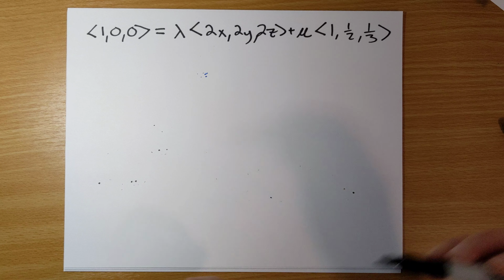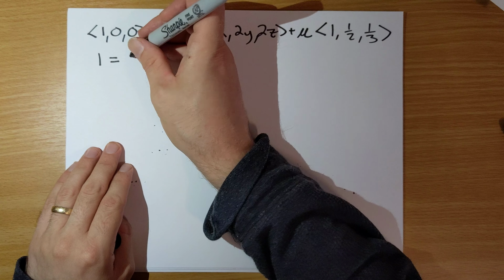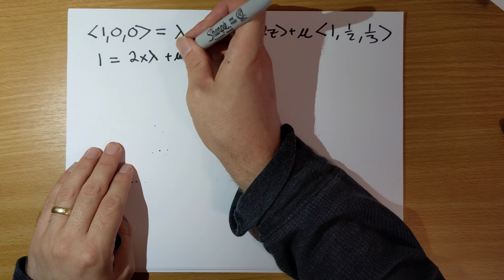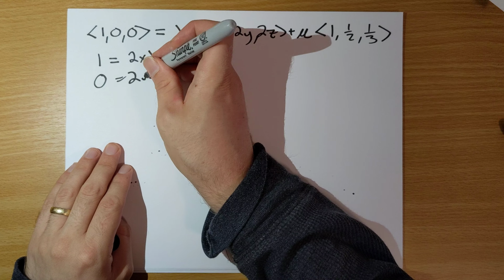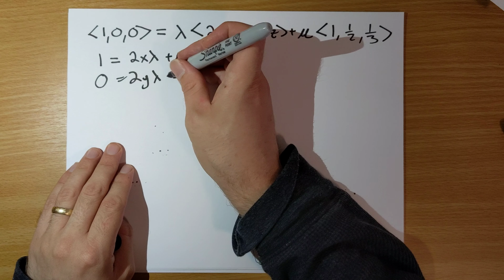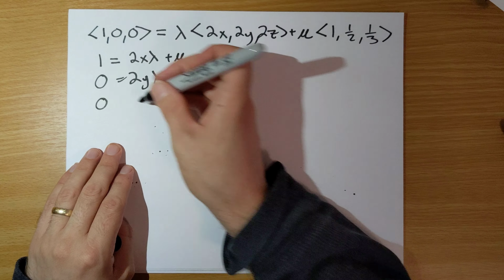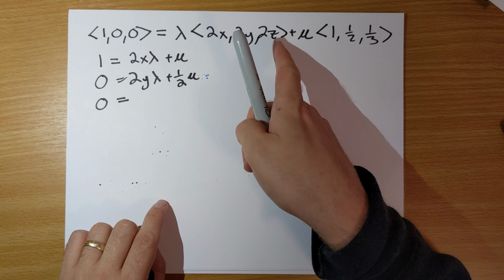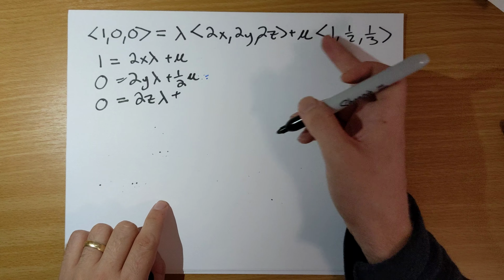Let's write it out piece by piece, component by component. 1 is equal to 2x lambda plus mu. 0 is equal to 2y lambda plus 1/2 mu. And 0 is equal to 2z lambda plus 1/3 mu.